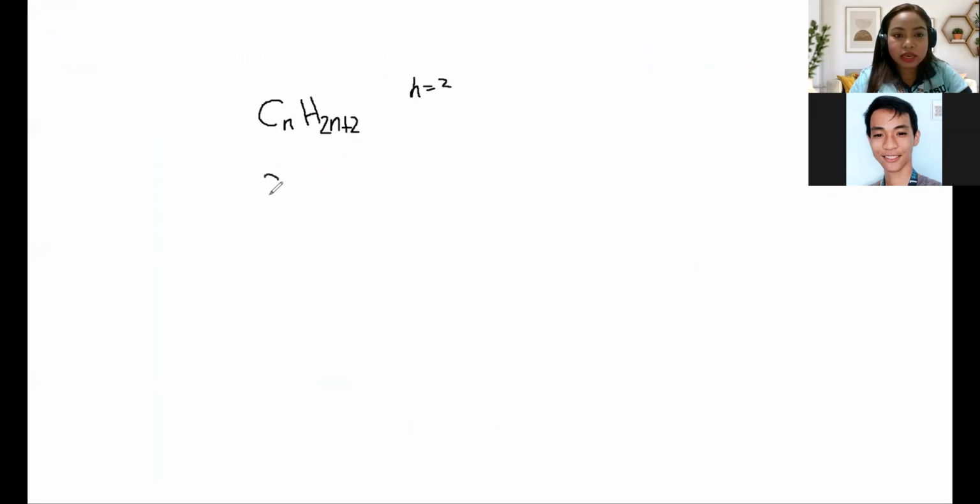Then we have C2, H, 2 times n, which is 2, is equal to 4, plus 2 is 6. Let's see if it's really true. How many carbons are there? We have 2 carbons. Each carbon, since it is in the alkane group, has only one bond between them.